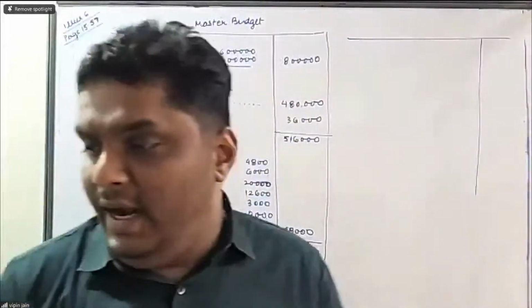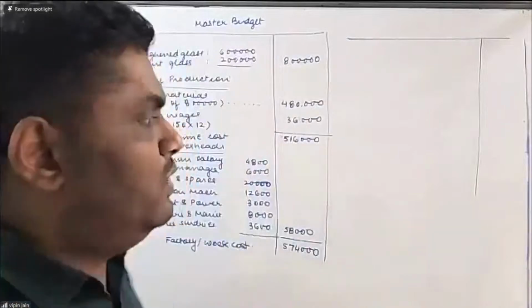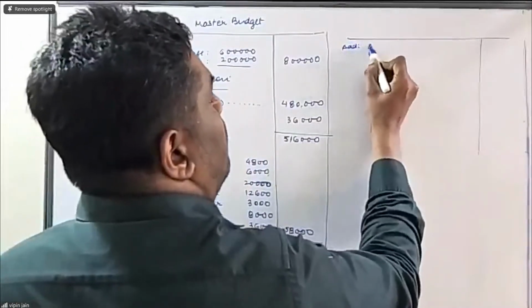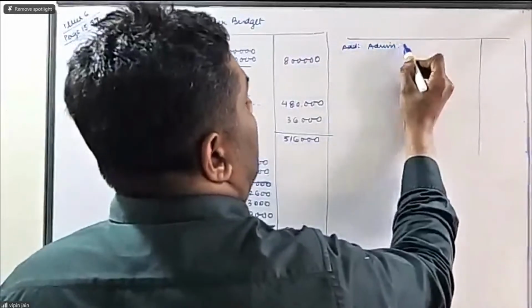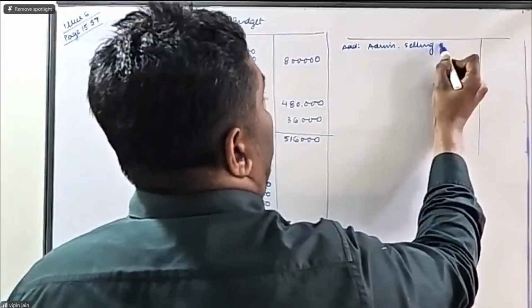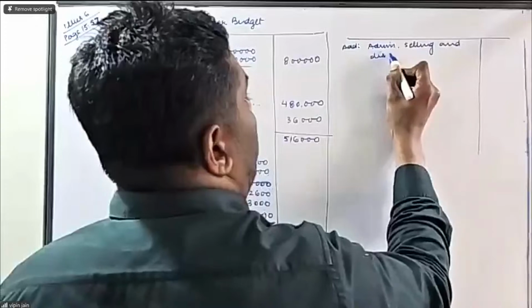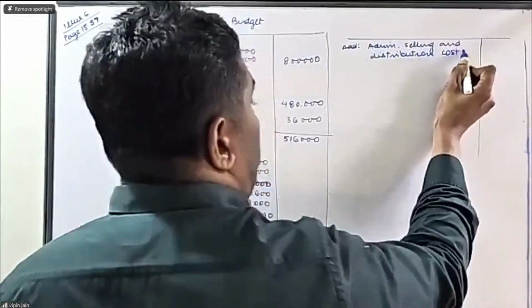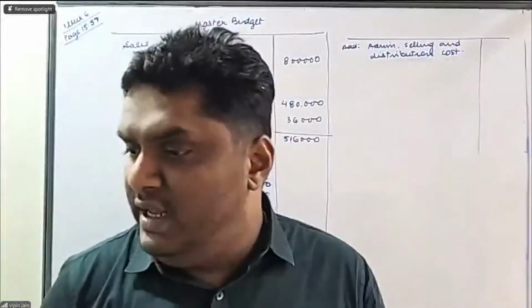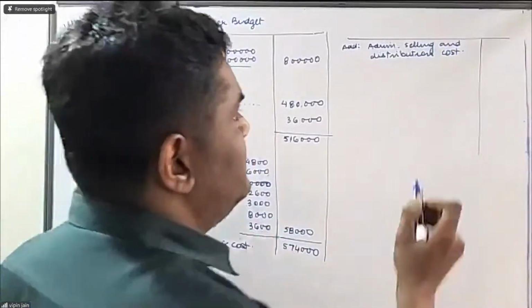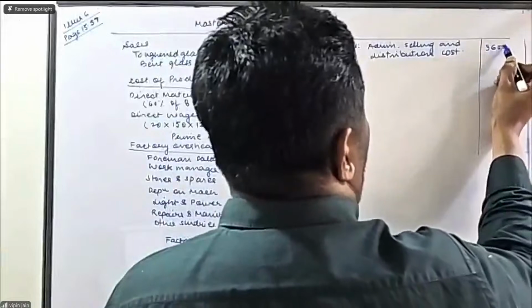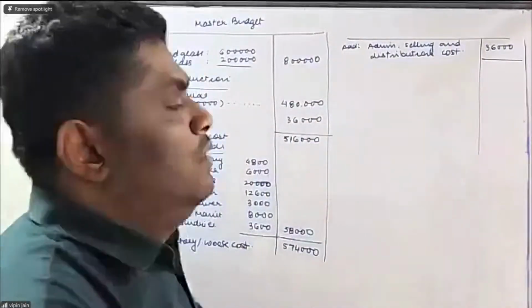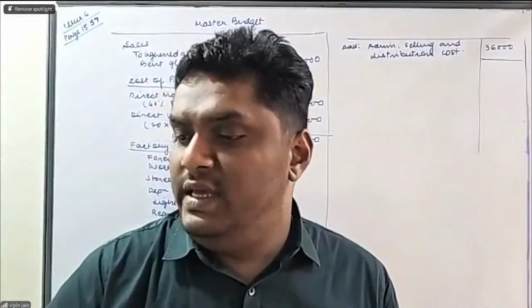In this, we add the administration, selling and distribution cost, 36,000, and we will get the cost of sales.